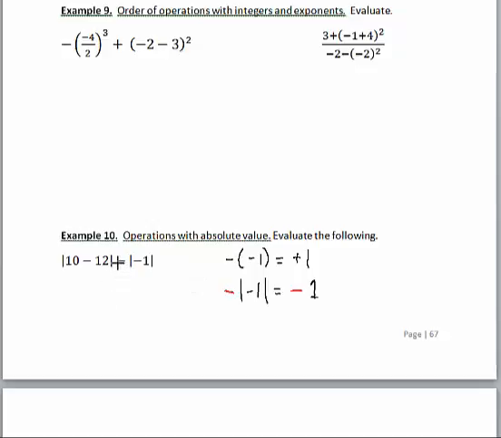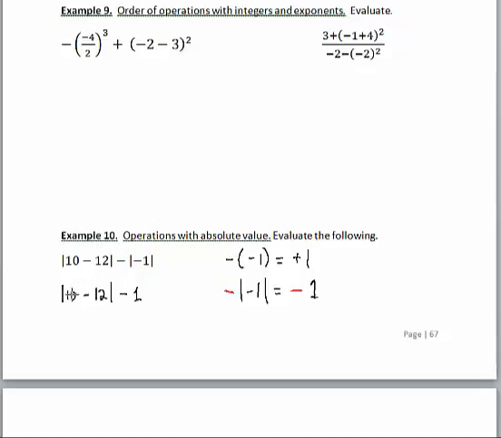And so now I could go over here and rewrite this expression as absolute value of 10 minus 12, absolute value bar, and then negative absolute value of -1. I've calculated that. That is just simply a -1. Okay.